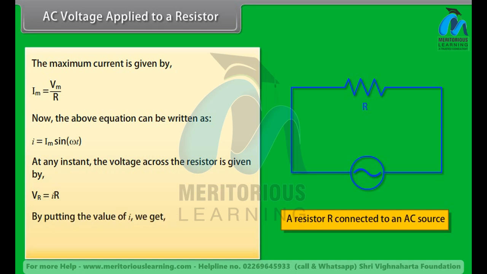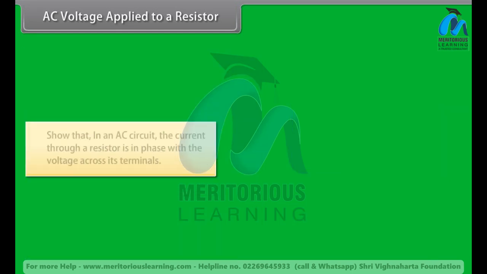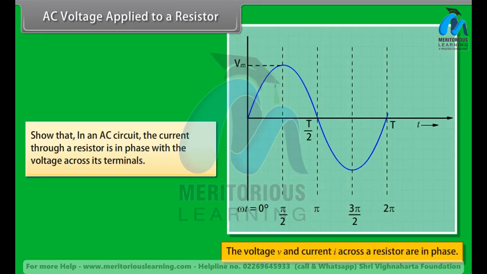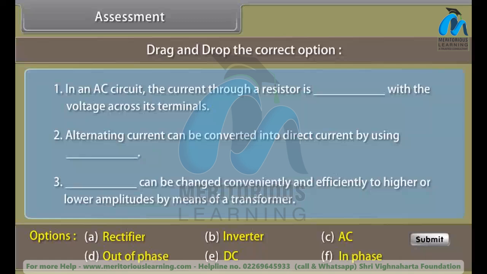By putting the value of I, we get VR = Vm sin ωt. The above equation shows that in an AC circuit, the current through a resistor is in phase with the voltage across its terminals.